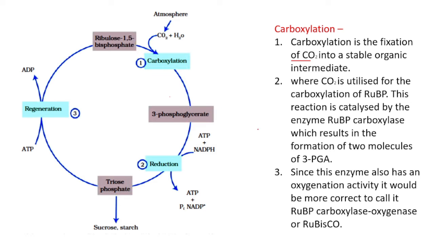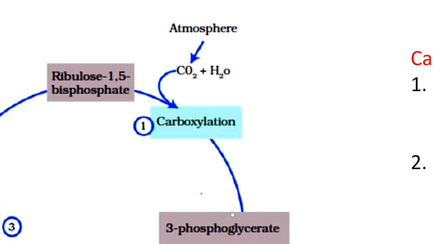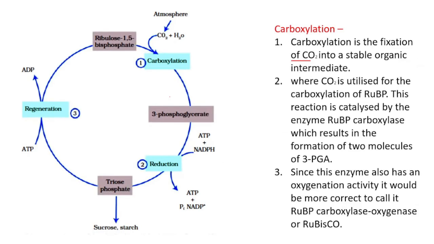So here if you see it like this, the carbon dioxide from the atmosphere is reacting with the RuBP, ribulose bisphosphate, and this is a 5 carbon compound.